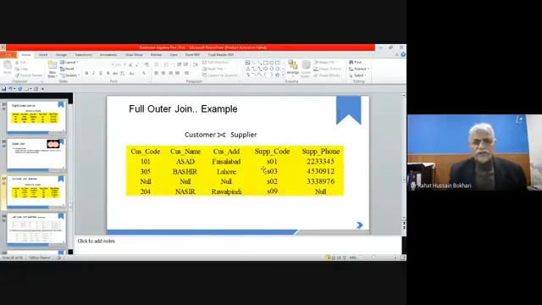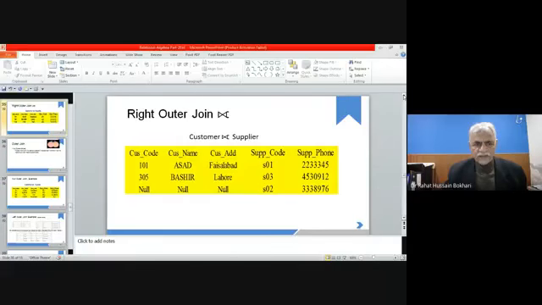So we consider that these two values S01 and S03 were matched, and this was not matching in the right, and this was not matching in the left, which we have already considered. See that in the previous slides. In the right outer join, these were missed, not matching.